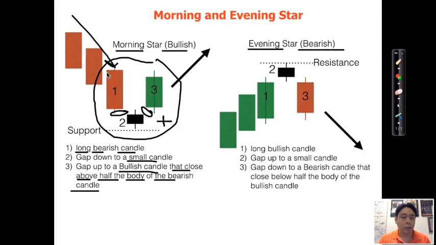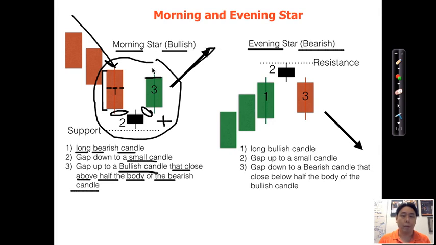So what does it mean? If you take the entire body of the bearish candle as 100%, this should close above the 50% level of that candle, above half the body, right? So when you see that, that's a pretty reliable reversal pattern.